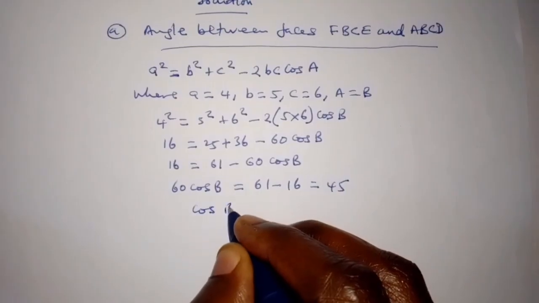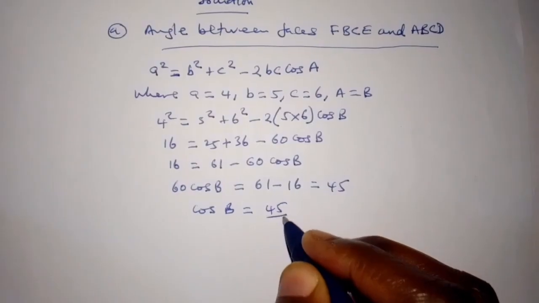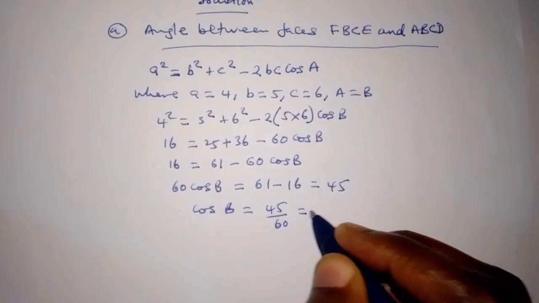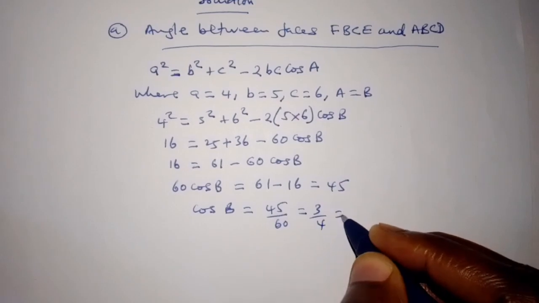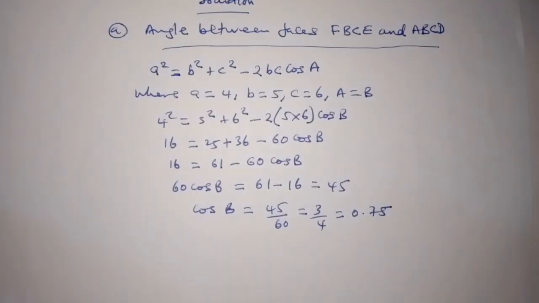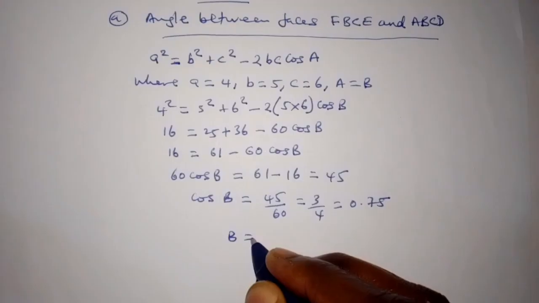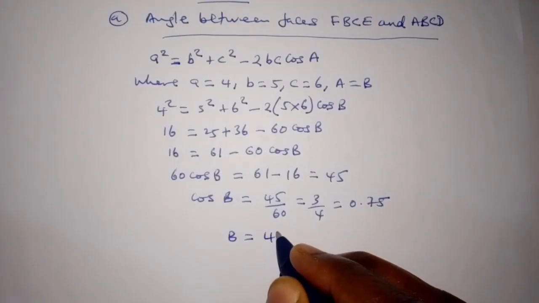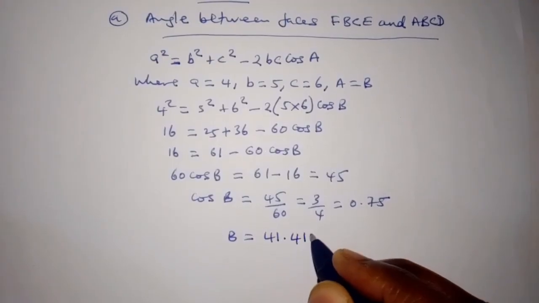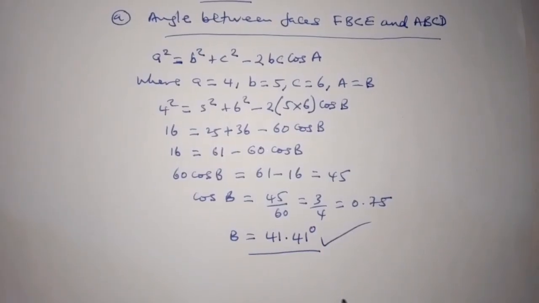Cosine B is equal to 45 over 60, which is equal to 3 over 4, which is equal to 0.75. Using our calculator, B is equal to 41.41 degrees. So the required angle is 41.41 degrees.